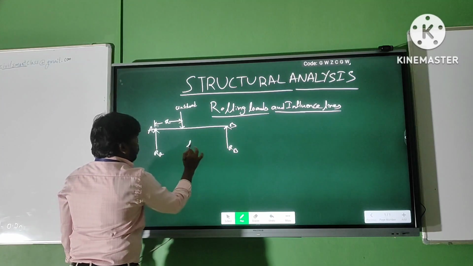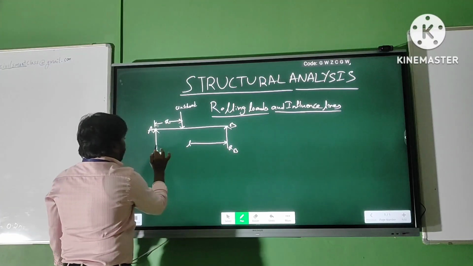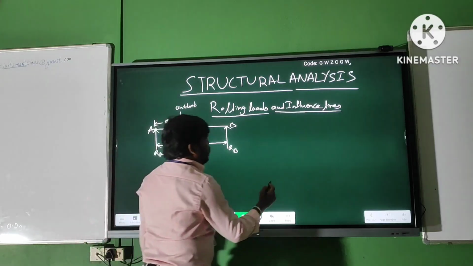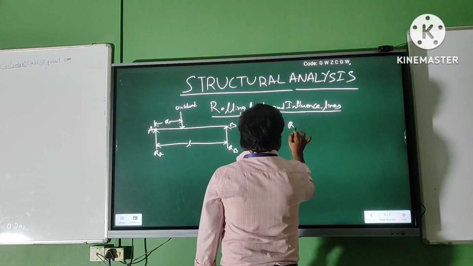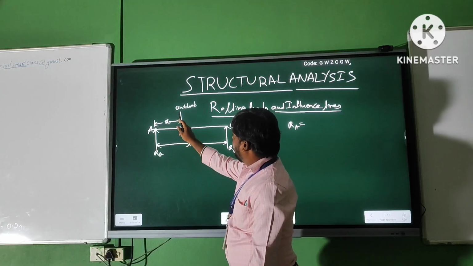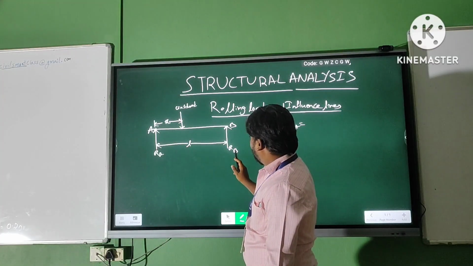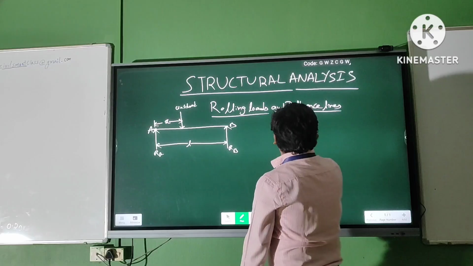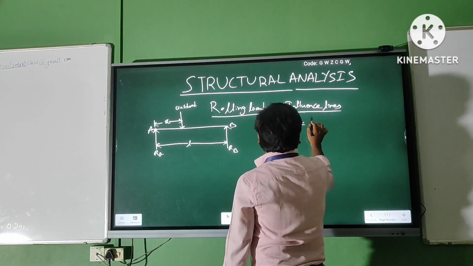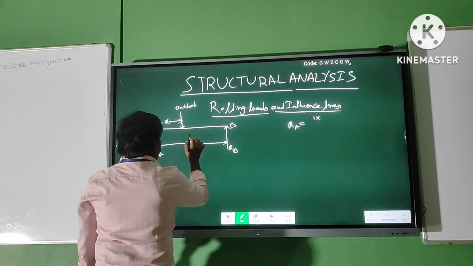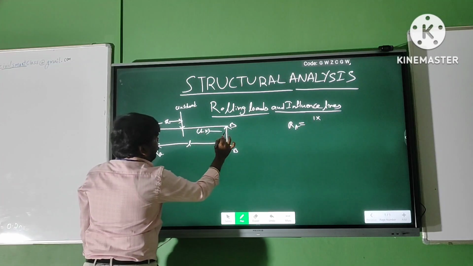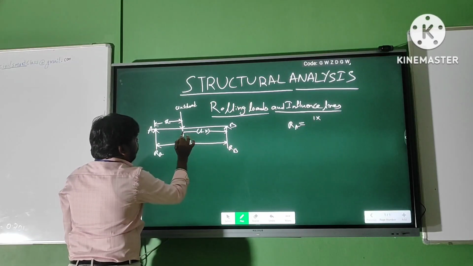The total beam length will be L. First, we need to find the reactions. So, what will be RA here? RA will be the unit load multiplied by the length from the loading to the opposite support.